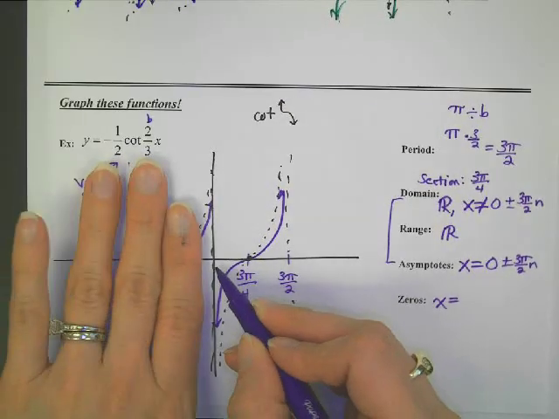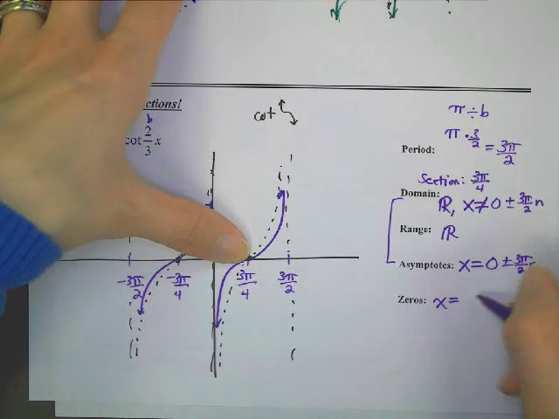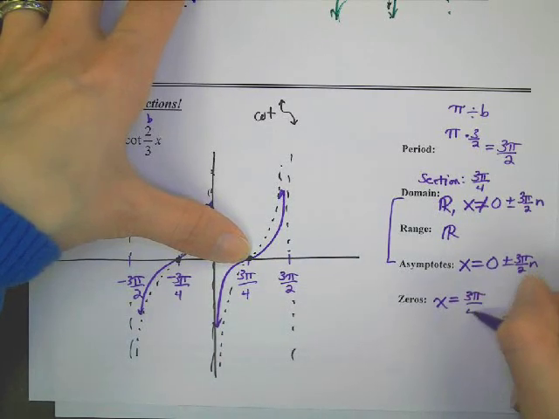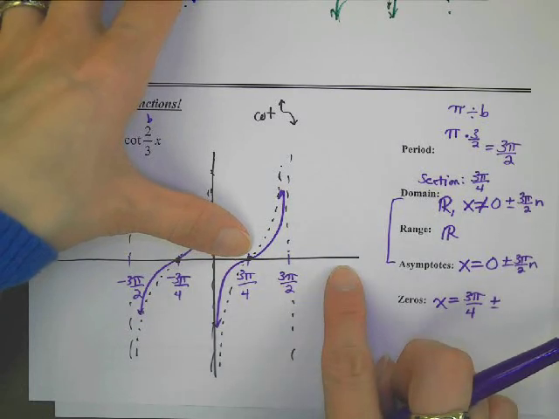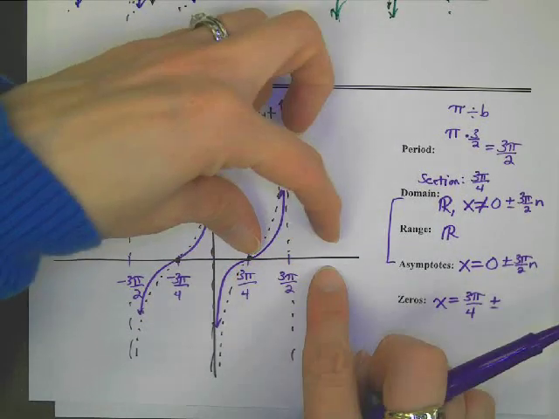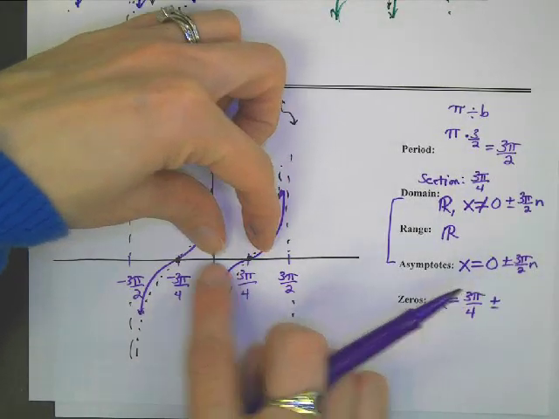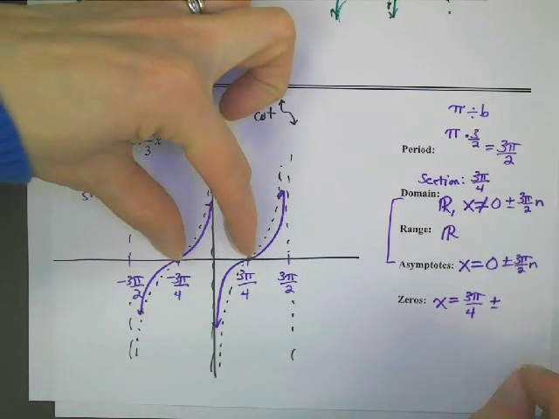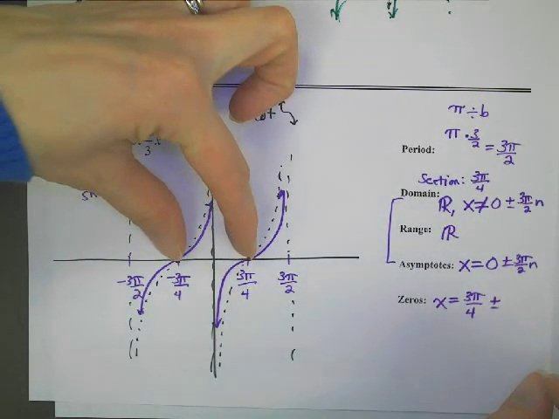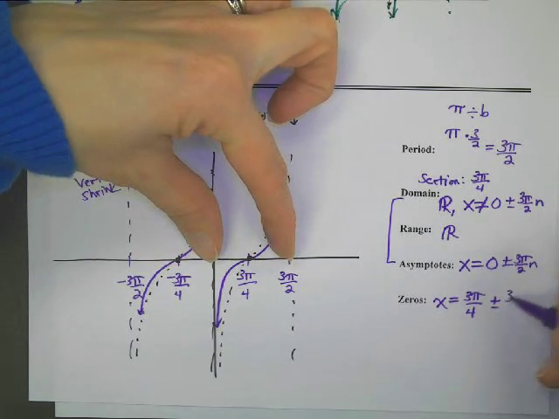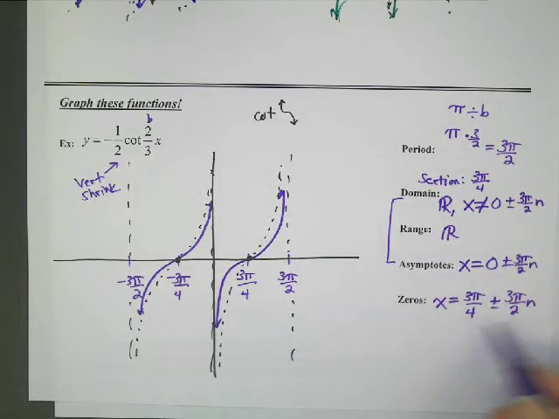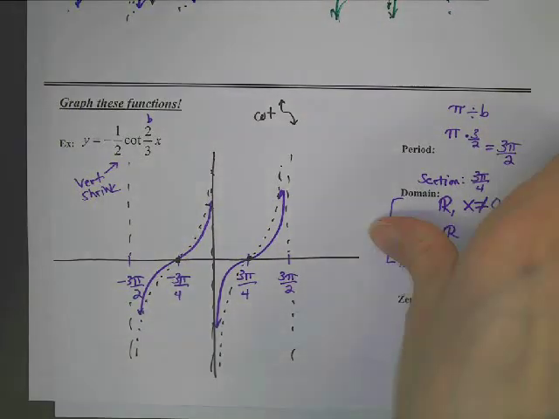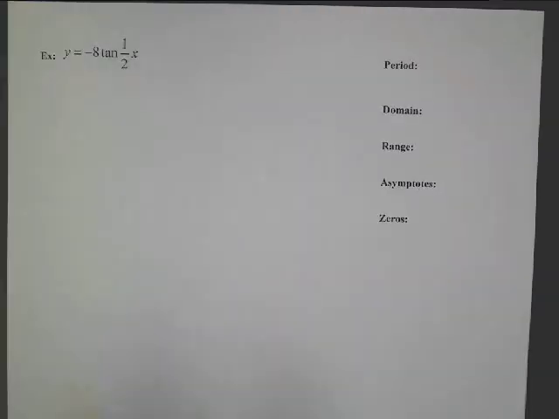The first positive one, 0 or positive, is 3 pi over 4 plus or minus the distance to the next one, 2 sections to the right, 2 sections to the left. How much is 2 sections worth? 3 pi over 2n. Look at that. You're not going to add those because that has an n and that doesn't, and that is how you state the information.